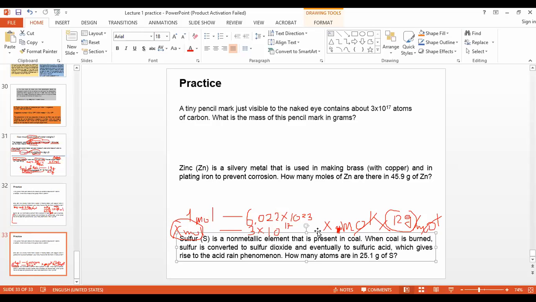Now write that the molar mass of sulfur is 32 grams per mole. Right? Did you write it down?